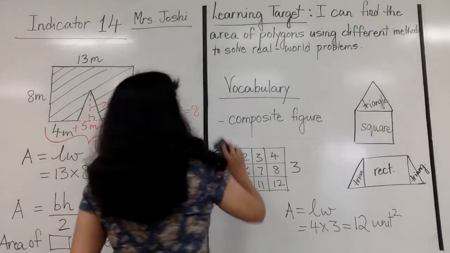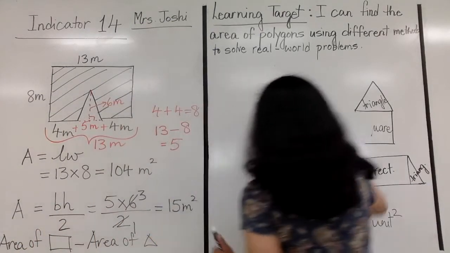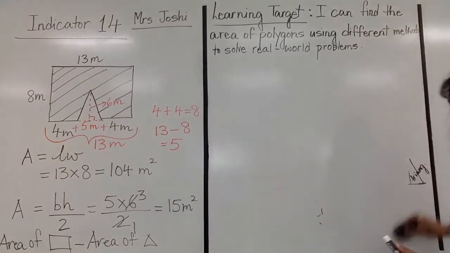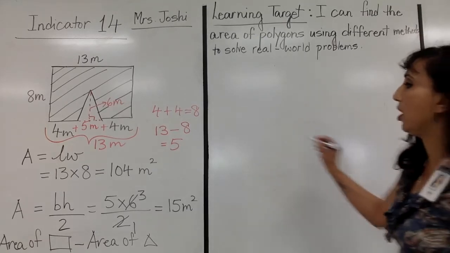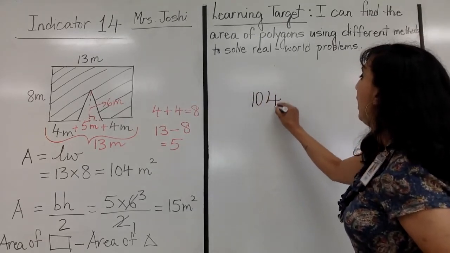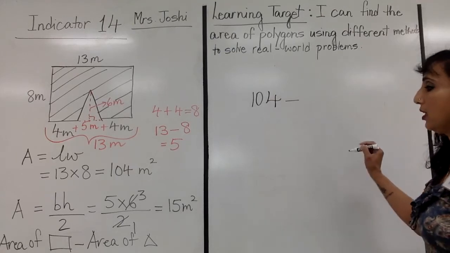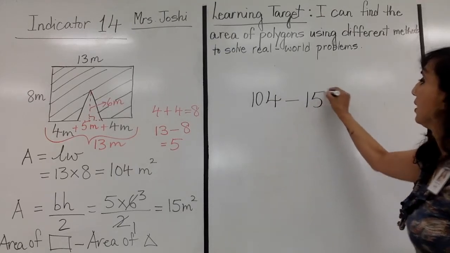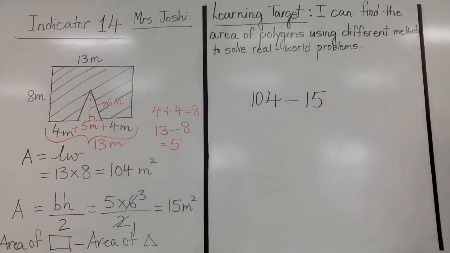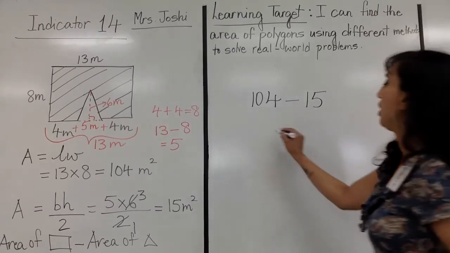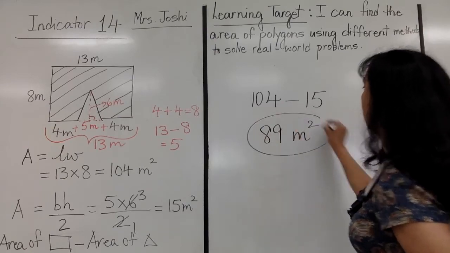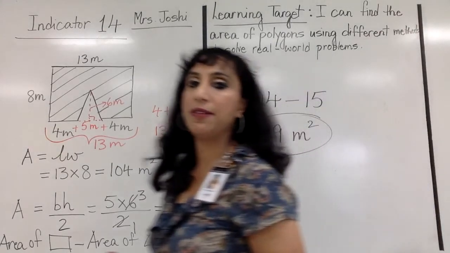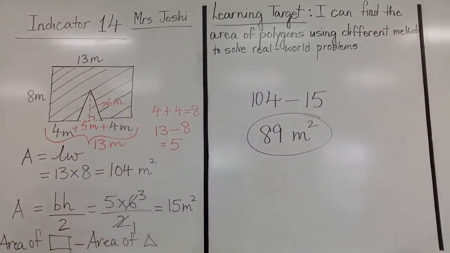Okay, so I'm going to carry on over here. All right, so the area of the rectangle, we just solved it and we got 104, and the area of the triangle was 15. And so we're going to subtract 15 from 104 and I get 89 meters squared is the area of this composite figure.